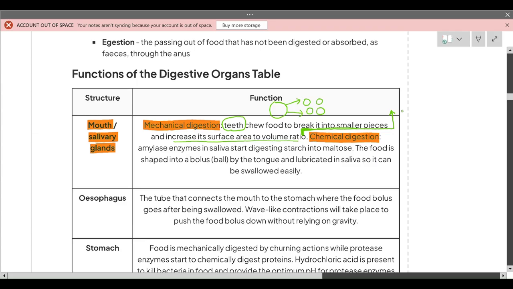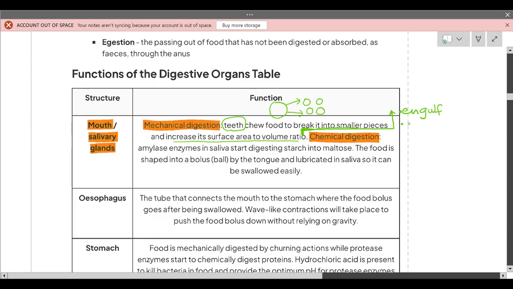Which type of digestion? You just said it would be easier to engulf that food. This is right, but you can also explain it another way.